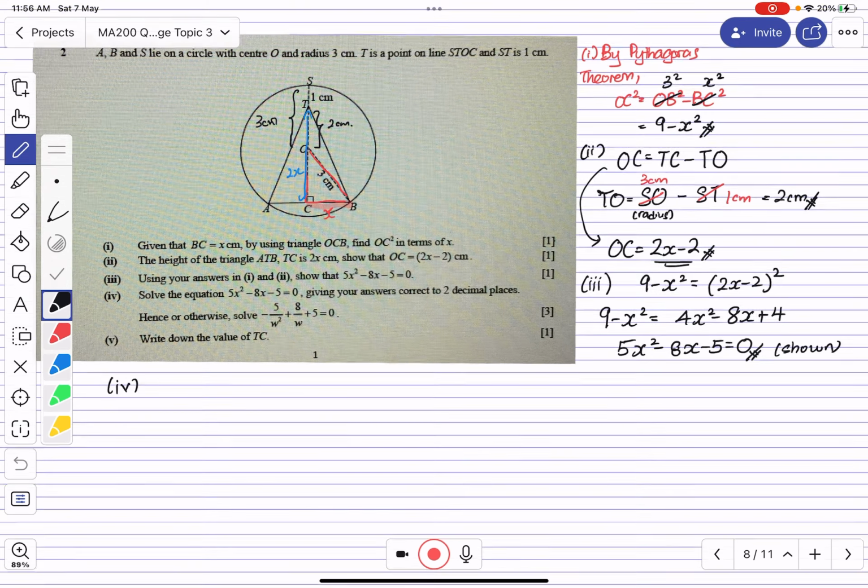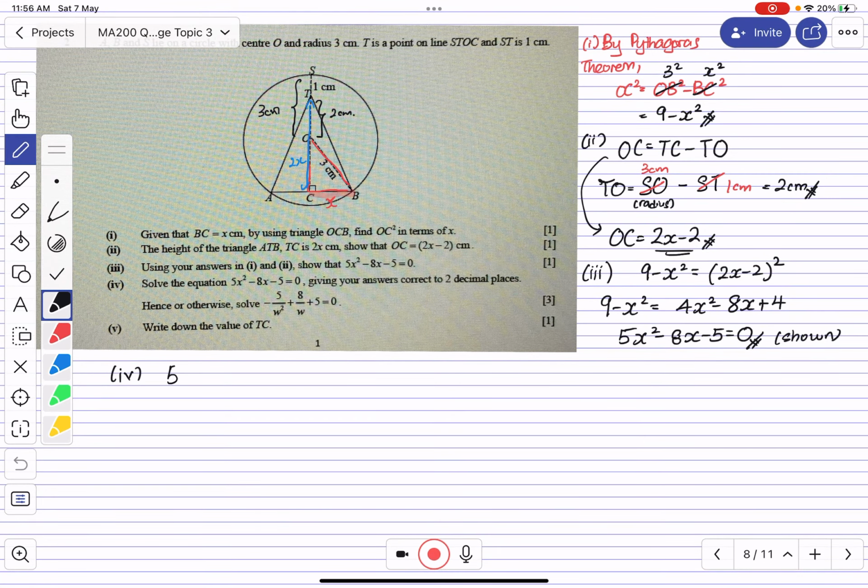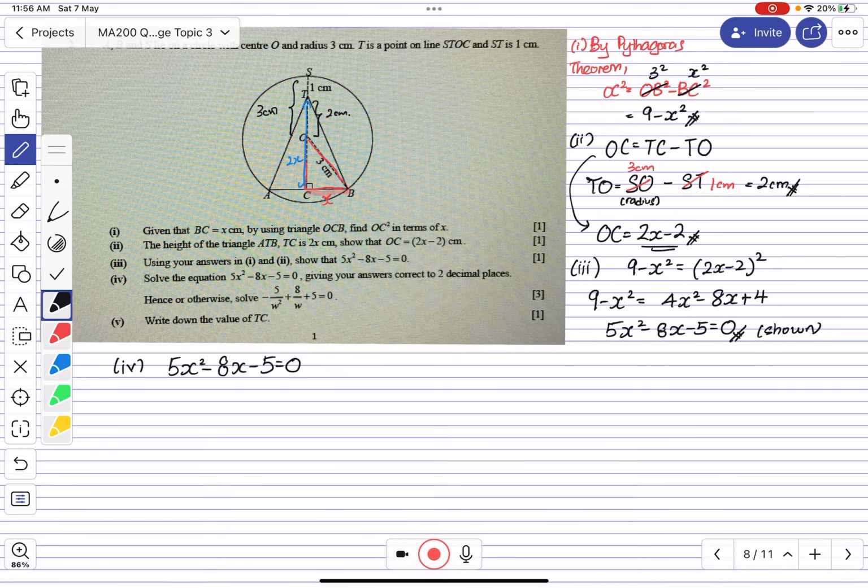So I will use the quadratic formula. You can either use the quadratic formula, factorization or completing the square to solve a quadratic equation. So a would be 5, b would be negative 8, and c would be negative 5.